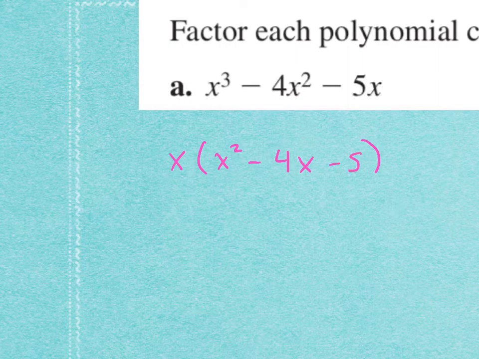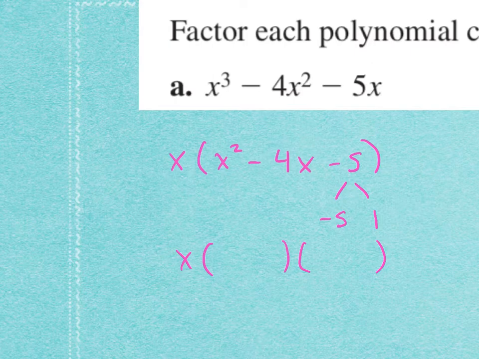Now we have a quadratic equation in here that we know how to factor. Do we have 2 factors of -5 that add up to -4? What would it be? -5 and 1. Perfect. So we're just going to leave that x that we pulled out in the beginning outside. Then we have our 2 parentheses.